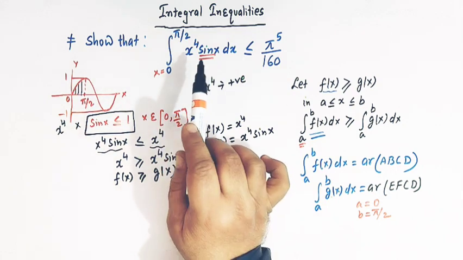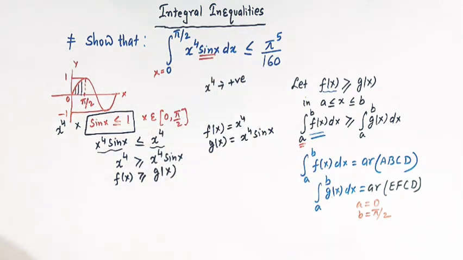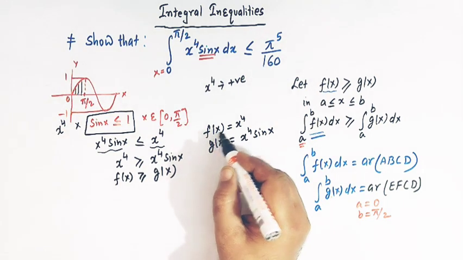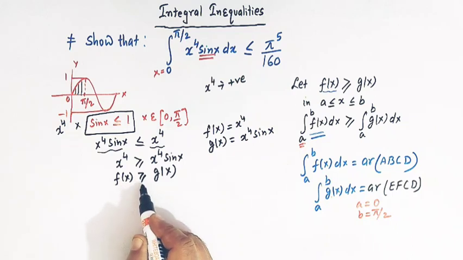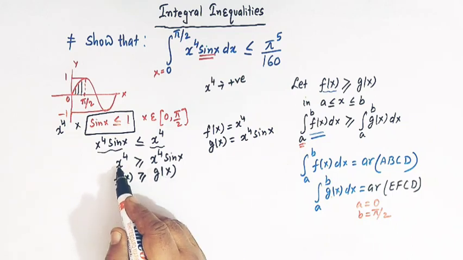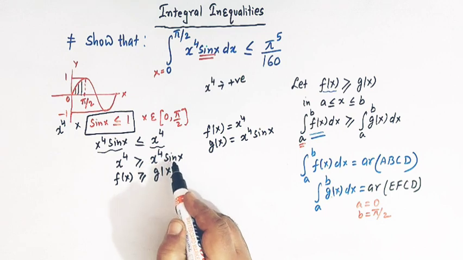So now we have obtained two functions, right? So whenever we come across these kind of problems, our main objective is to get f of x and g of x. So here f of x is greater than or equal to g of x, that is x raised to 4 is greater than or equal to x raised to 4 sine x.